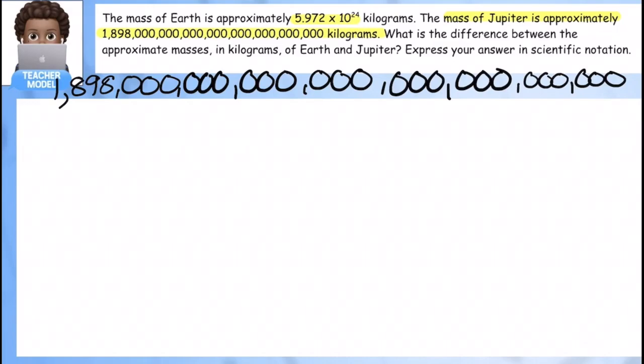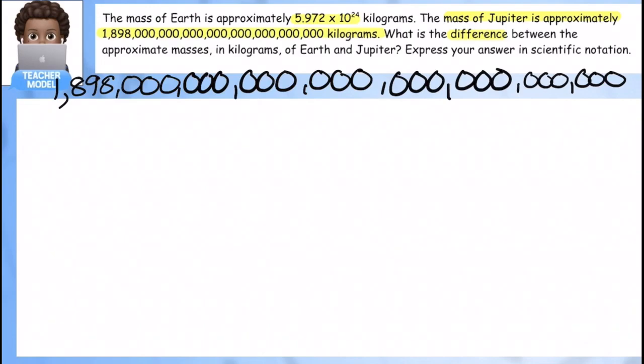Since we sometimes think of millions, and billions, this is still way, way bigger than that. So we're going to have to write this down in scientific notation, absolutely. And we want to know what is the difference between the approximate masses of Earth and Jupiter.